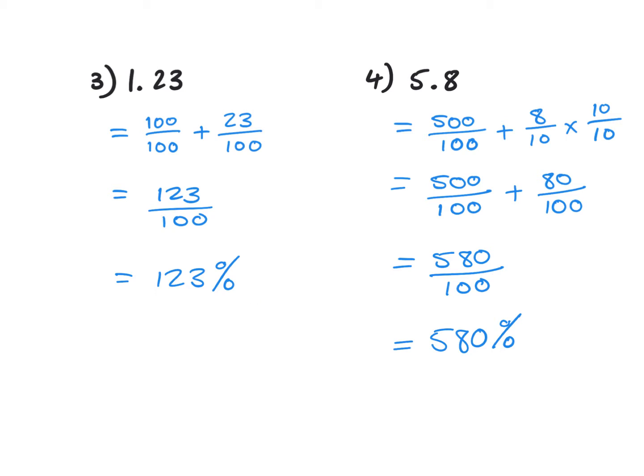The second one, a little bit more complicated in that the 0.5 is actually in the 10th position. So I've got to multiply that by 10 over 10 to give me a denominator of 100. And then simply those are like fractions. We can add them together and convert them. Now, if you've got those two correct, you won't have any dramas converting decimals to percentages.